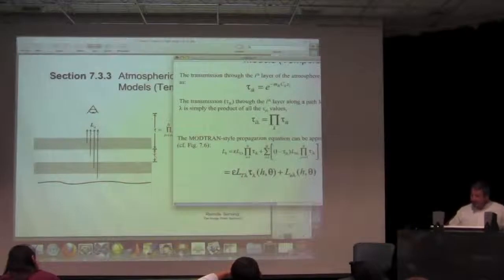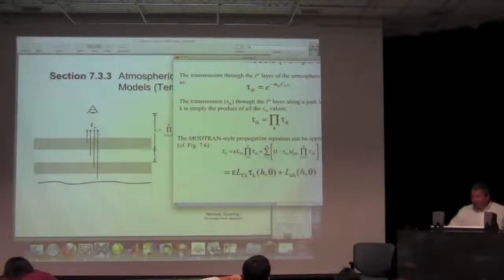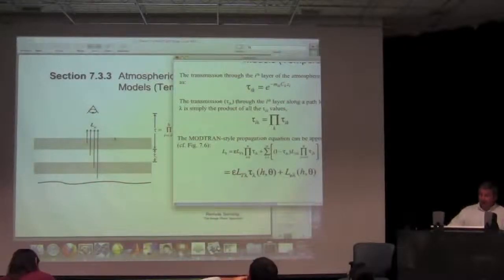Now the second term: L_B,i,lambda is the black body radiance for the ith layer. So this layer, this layer, that layer there. You multiply that by the emissivity of that layer, and now you know the effective radiance leaving that layer.